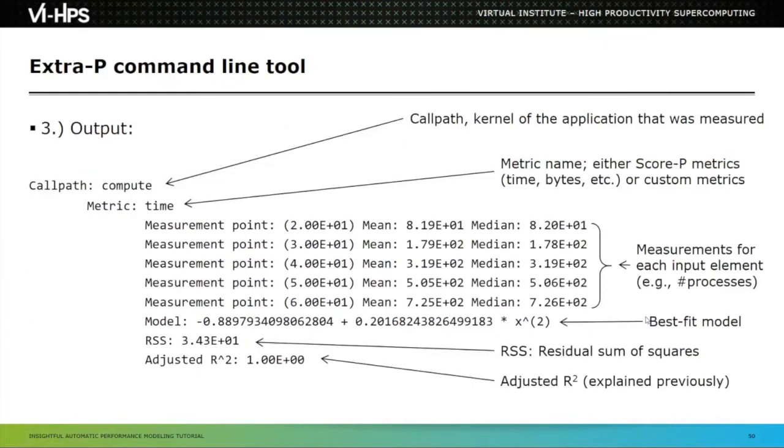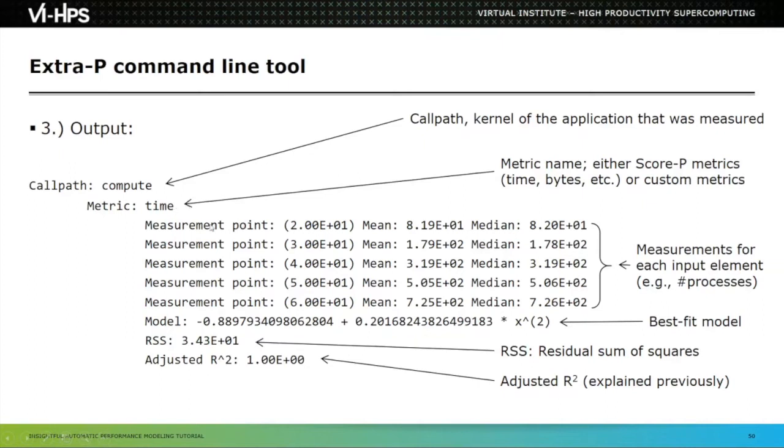The output Extra-P will then create for you basically looks like the following. It's a textual-based representation of the visual one. First, we can see the call path that was measured, that we instrumented. This would be compute in this case, and then we see all of the metrics for this call path. In this case, we just have one for simplicity, the runtime.